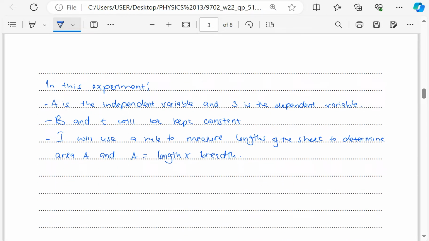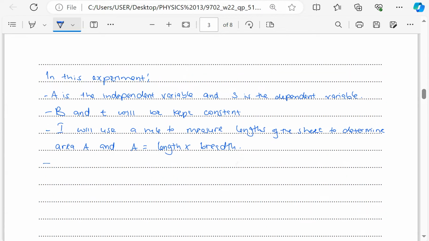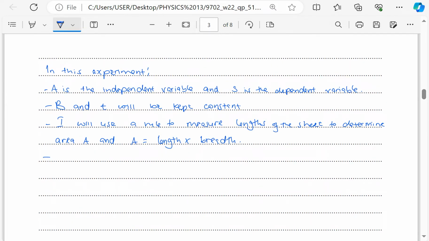Okay, then I also have to measure the thickness of this sheet. So I'll use a micrometer screw gauge.